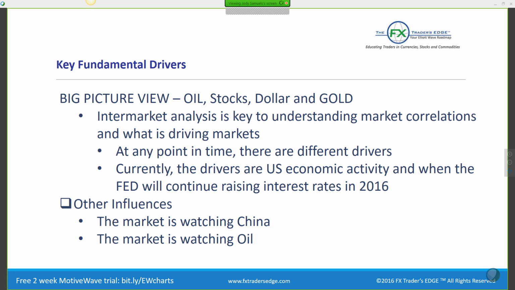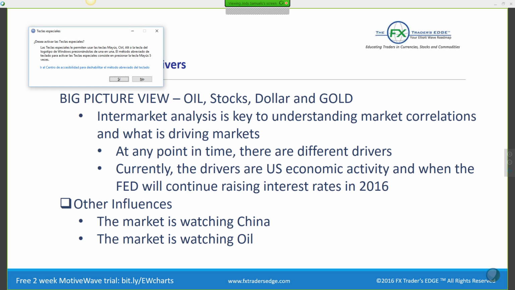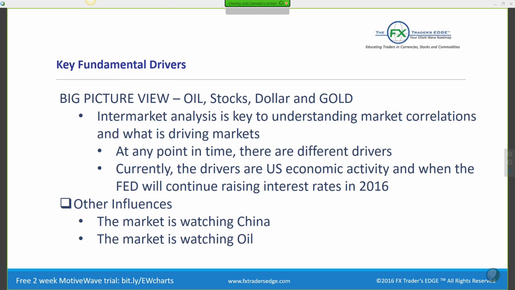Now, one of the reasons why interest rate moves by the Fed have been on hold is because of the volatility of oil for the last several months, as well as the weakness in the Chinese economy. Much of the world relies on China to get the rest of the world out of its doldrums.